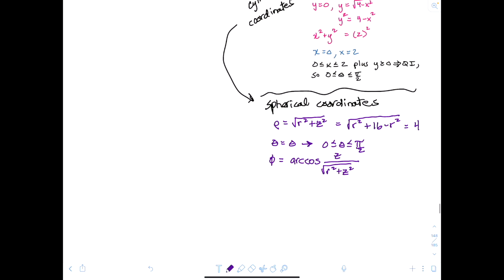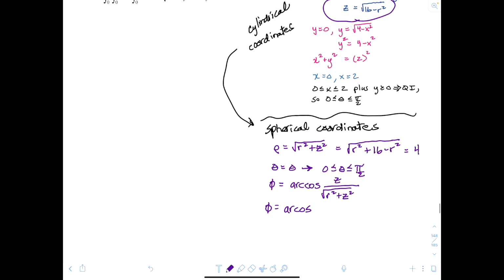Well, that's going to give us that phi is equal to arc cosine of, so we said that z was equal to the square root of 16 minus r squared. That'll be over, now the square root of r squared plus z squared was 4.